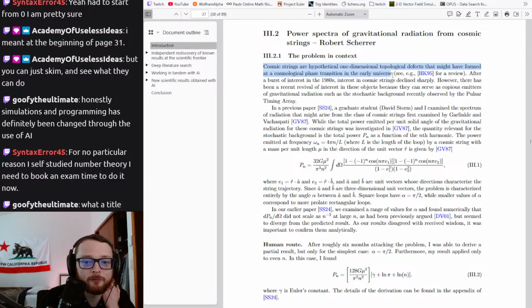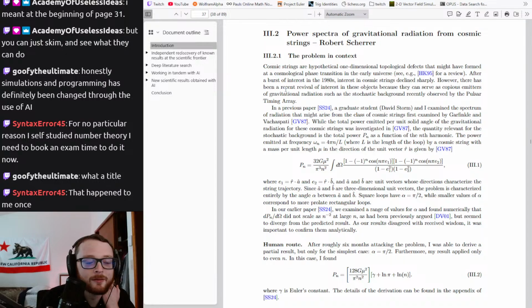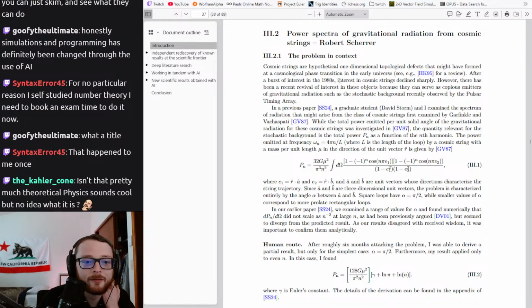In the geometry of space-time? Like the topology of what? I don't know. Who cares?